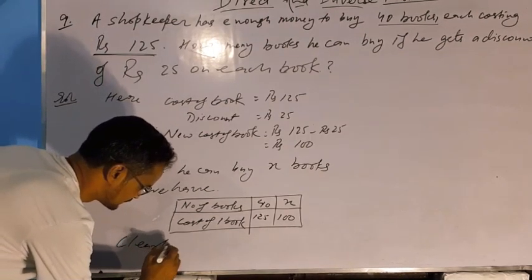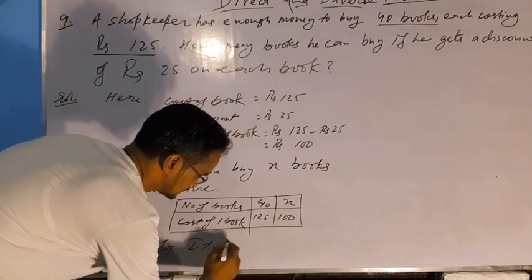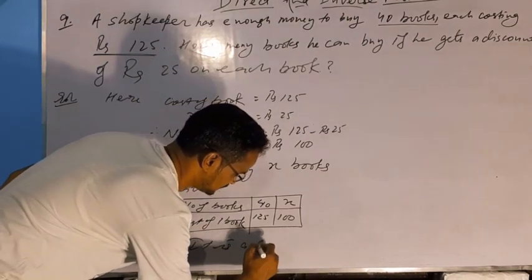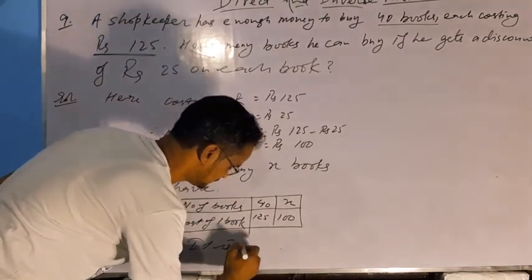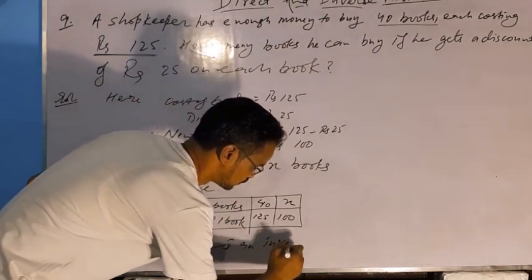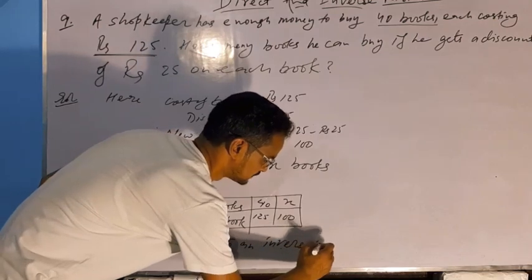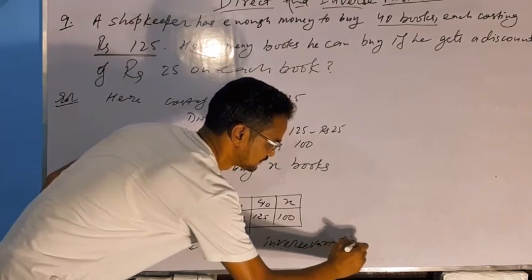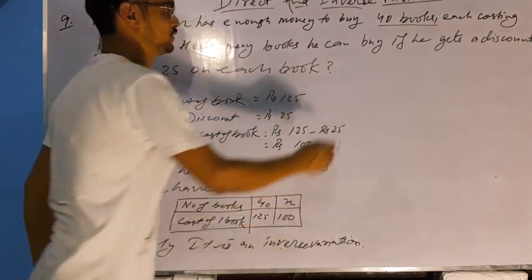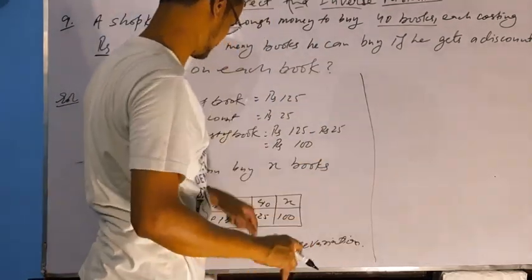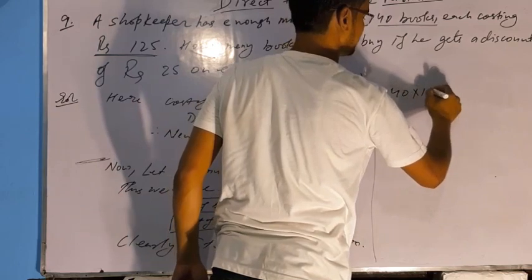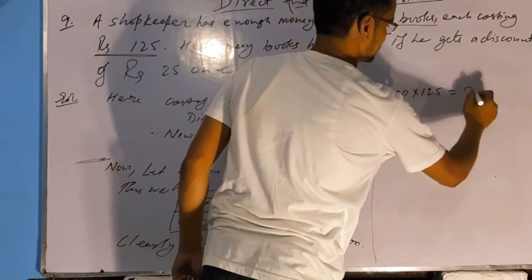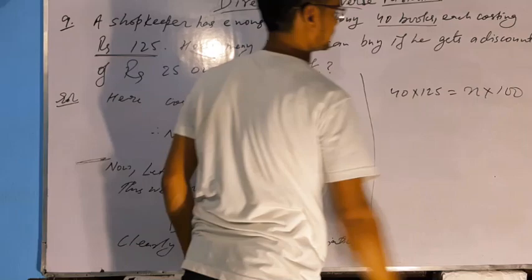Clearly, it is an inverse variation. So we can write by multiplication: 40 into 125 is equal to x into 100.